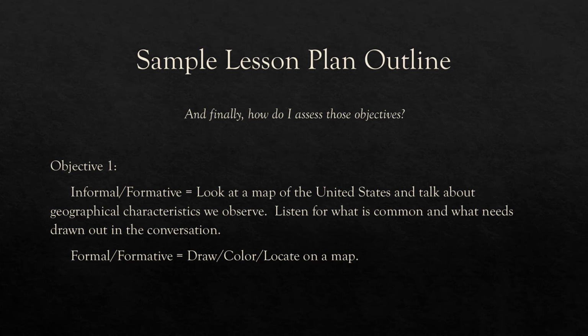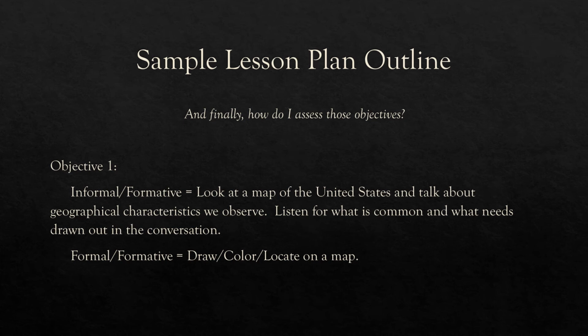We see some of the features, but without names necessarily, and hopefully without the state lines and maybe locations of the cities, so we can start to talk about what we see. The what-do-we-see conversation at the beginning is going to be good. It's going to help me get an idea of what students are looking for. Are they only talking about rivers?